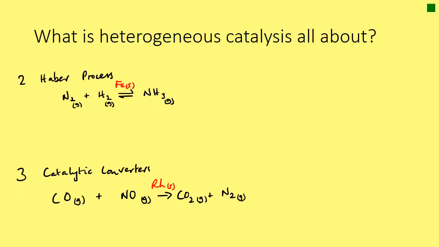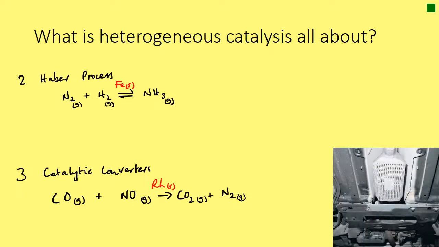But before we move on, what we must do is cover 2 more little concepts here. The first one being about support media, I suppose, for heterogeneous catalysis. Here in the diagram we have the underside of a car, and you can see the start of the exhaust pipe.